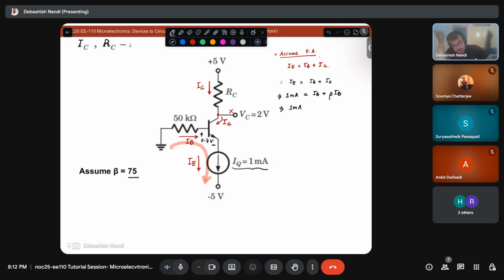So this is 1 milliampere and this is 76 times IB. So you know your IB is 0.01315 milliampere. So what is your IC? IC is nothing but this times 75.